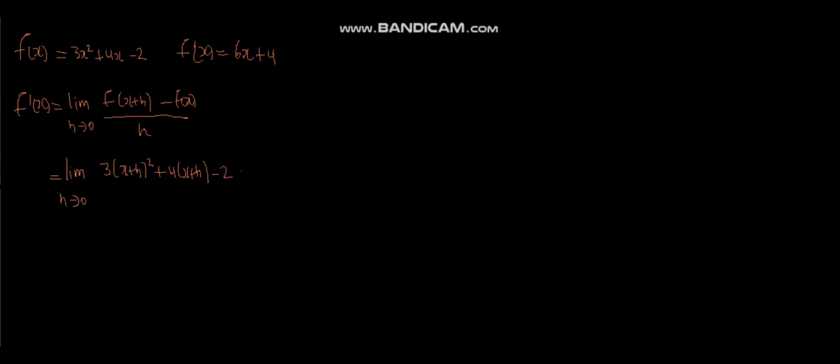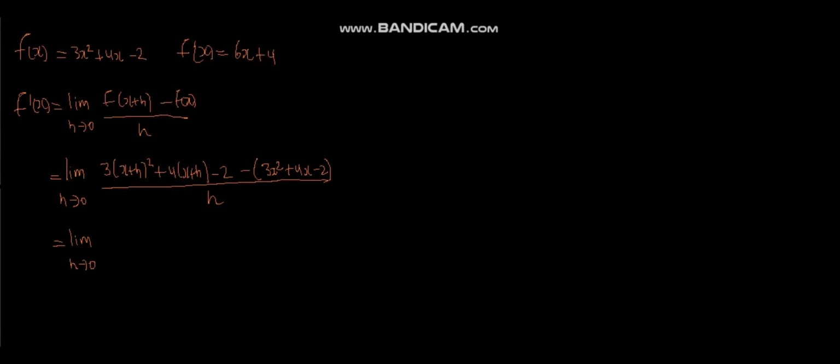Now minus 3x squared plus 4x minus 2, all over h. So we have the limit as h approaches 0.